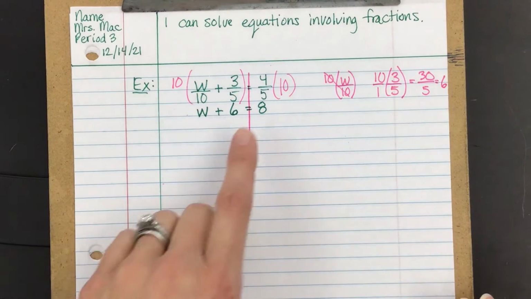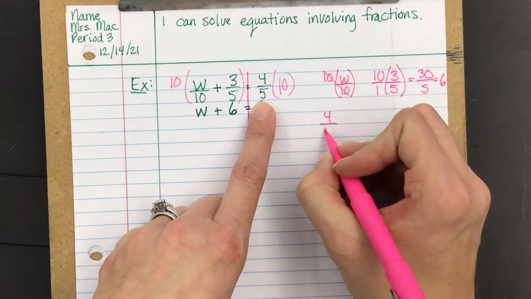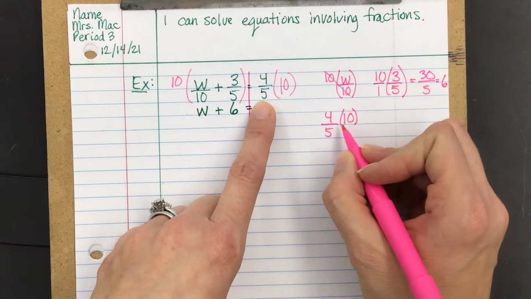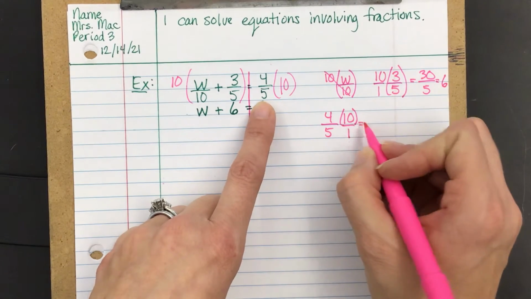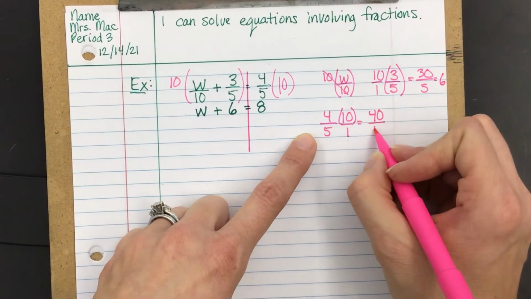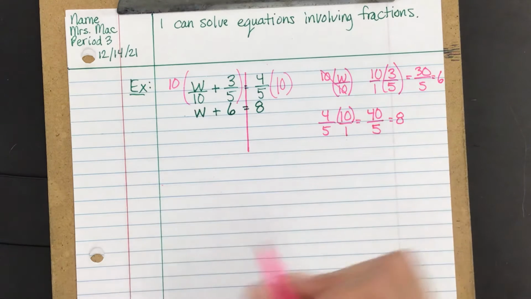Yeah, absolutely. Okay. So you have 4/5 here times 10. Remember that 10 is the same as 10 over 1. Multiply straight across. This is 40 over 5, which is 8.